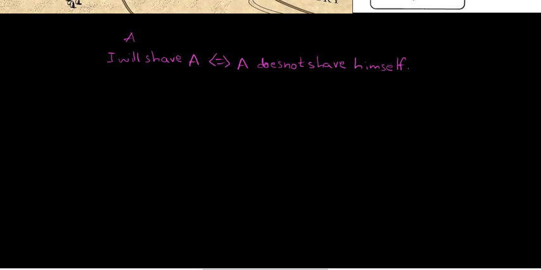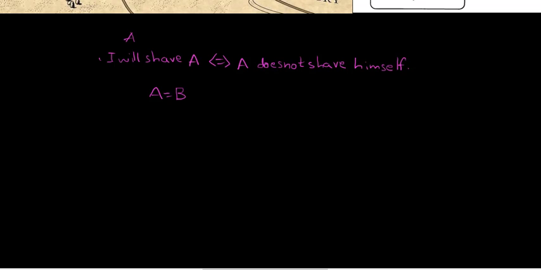Suppose the barber shaves himself, then we have the person A to be the barber himself. According to what his signboard says, the barber will shave himself if and only if he does not shave himself, and that's a paradox clearly.